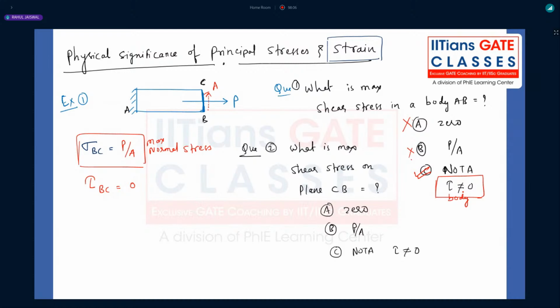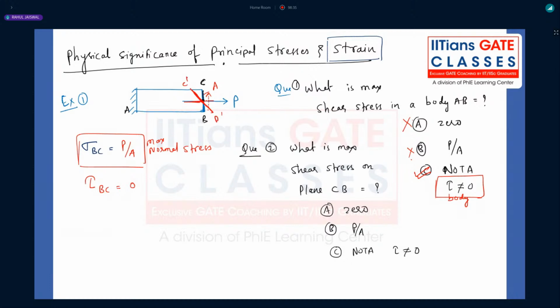And that's why the play is there. That play is because of what? The definition of stress. What is the meaning of the definition of stress? At a point. Stress is defined at a point. At a point means on this plane, one point has been selected, and one plane passing through it is the BC plane. There might be some chances that stress may be generated on another plane passing through that point, which is nothing but the C dash D dash plane.